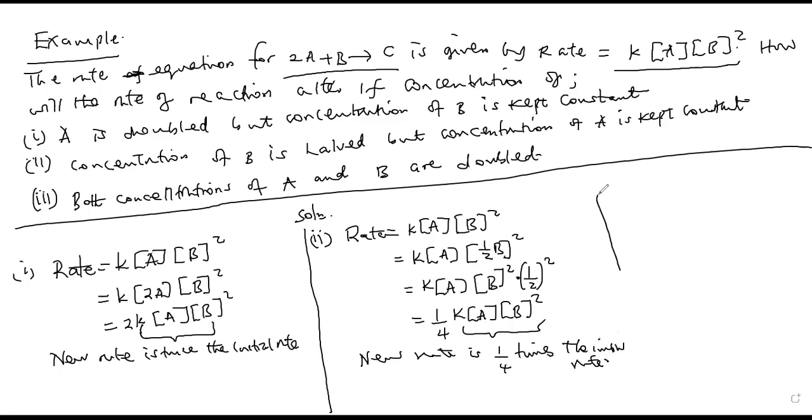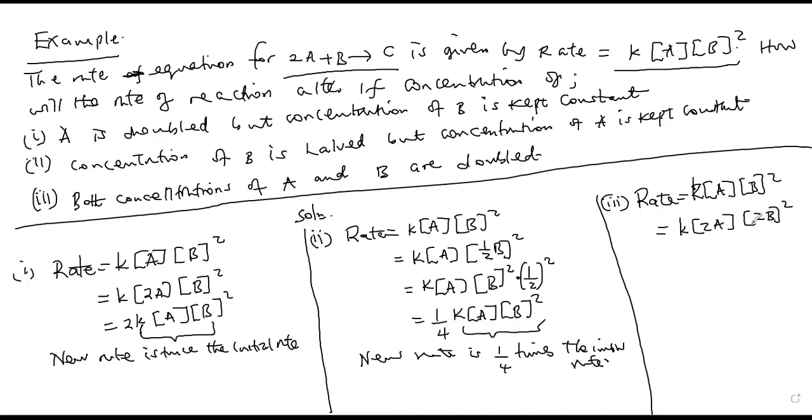Then the last part, both concentrations of A and B are doubled. So for 3, when they double concentrations of A and B, we shall have rate is equal to K times concentration of A times concentration of B squared. So if they double both, it means that we shall have K, 2A times 2B. They are doubling both.